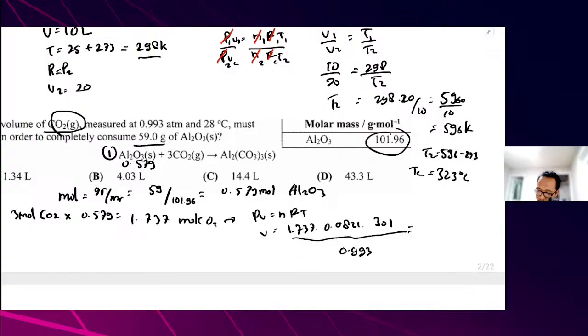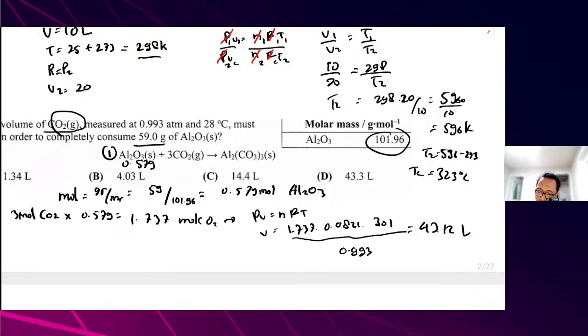So 1.737 times 0.0821 times 301, divided by 0.993, gives 43.12 liters.